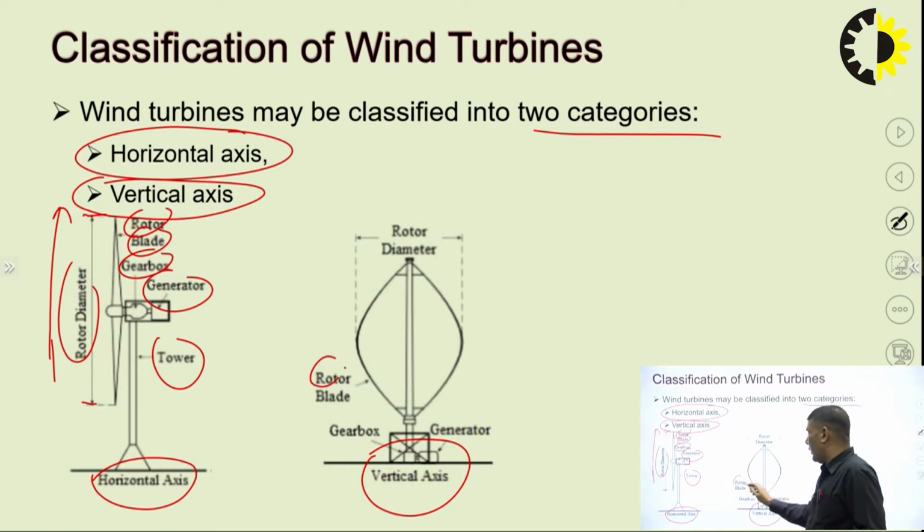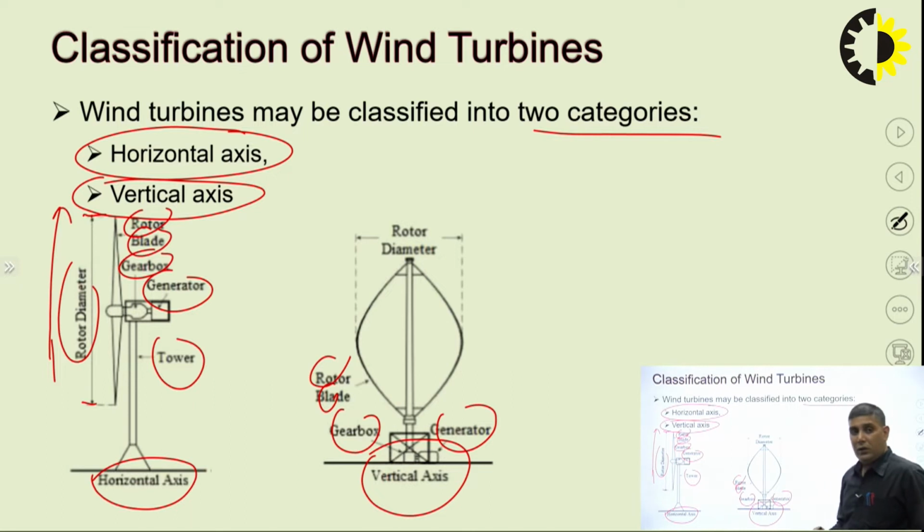We have again rotor, blades, gearbox, generator. So this is the broad classification of the wind turbines: horizontal axis wind turbine and vertical axis wind turbine. Let us discuss a little bit more about these types of wind turbine in the coming slides.